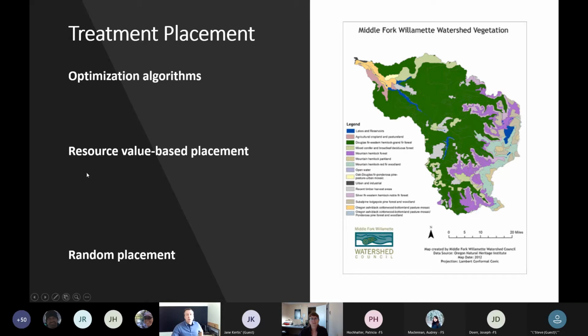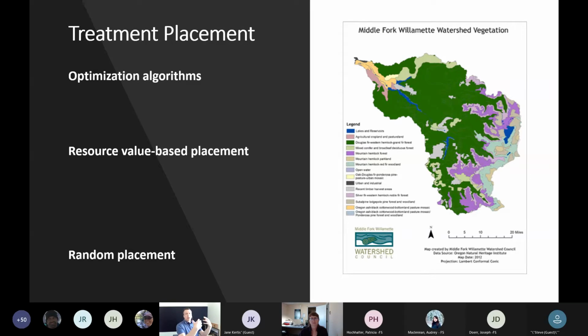Another is more deterministic placement based on a desire to protect specific resources or to reduce fire impacts on specific resources, might be a better way to say it. And the third is essentially random placement, which is to say putting fuel reduction treatments on the landscape, but having their placement driven by factors other than trying to maximize the effectiveness of those treatments as fuel reductions.